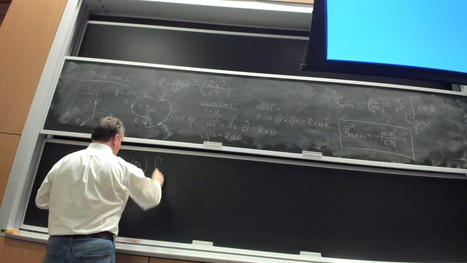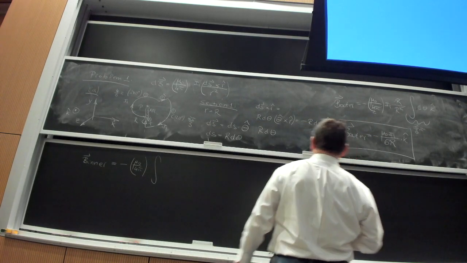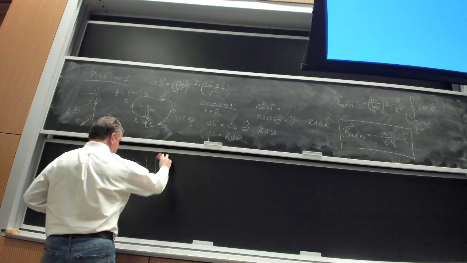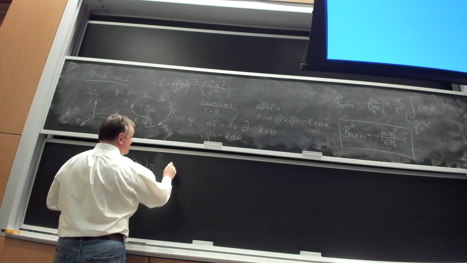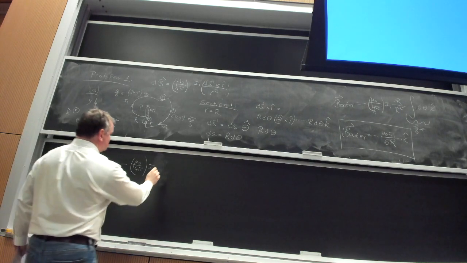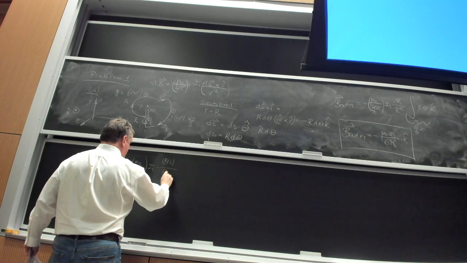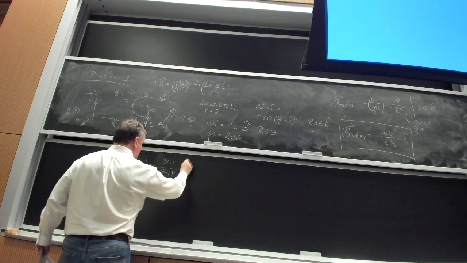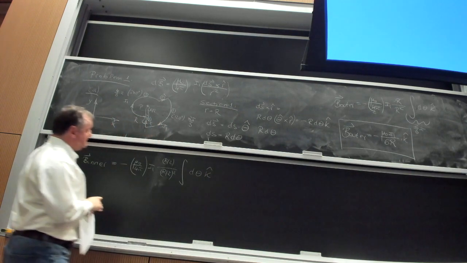And then we have an integral. We have the current I1, then in the numerator a factor R over 2, in the denominator R over 2 squared, and an integral again over d theta times k hat.